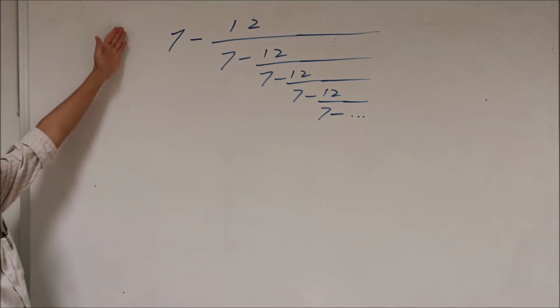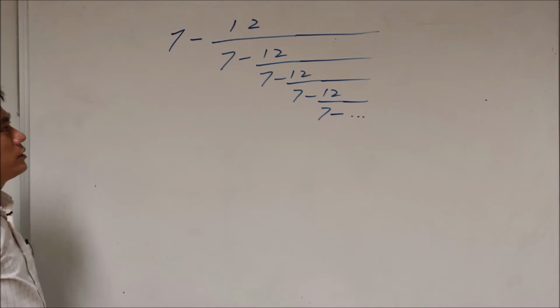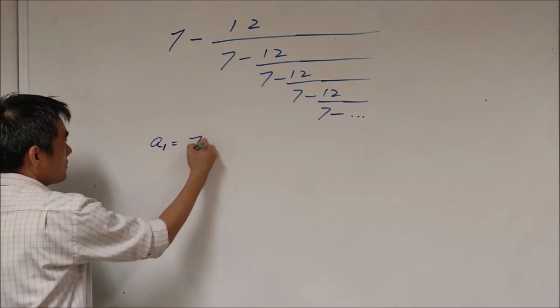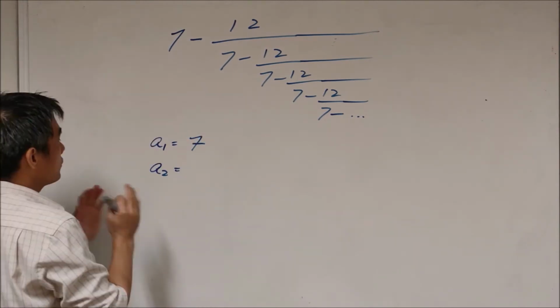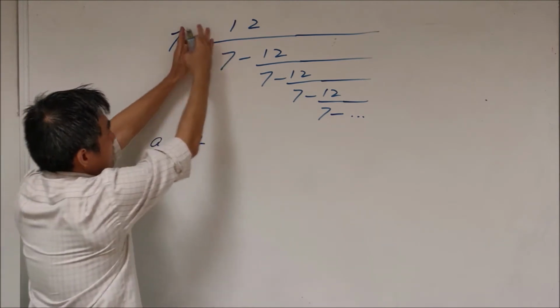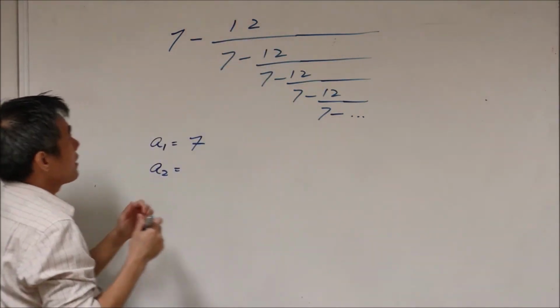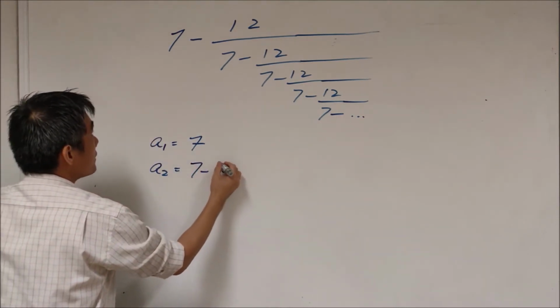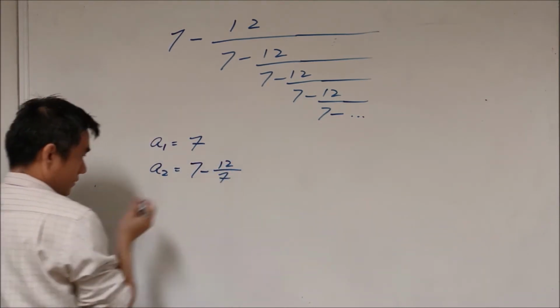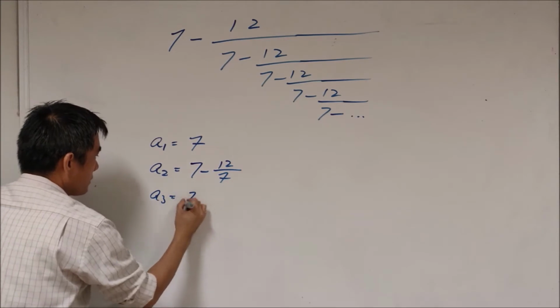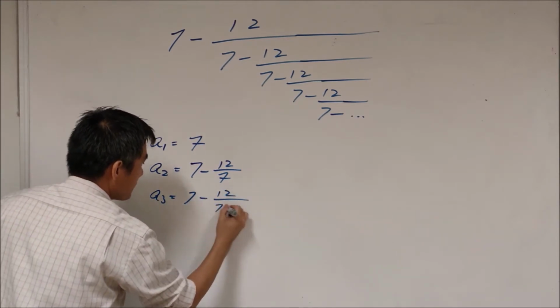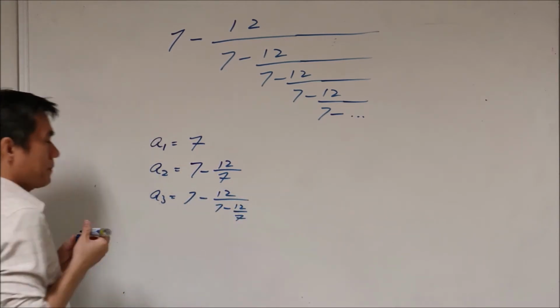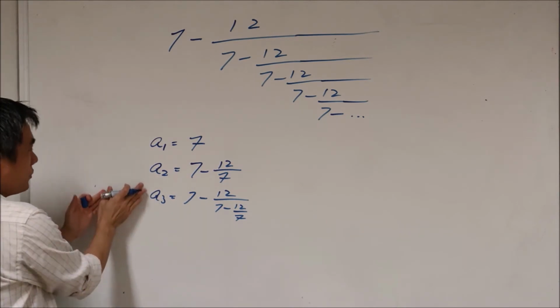In order to get the answer for this expression, we will define a sequence. A1 is equal to 7, so the first term will be just 7. After that, we will cover everything here, and you have 7 minus 12 over 7. And A3 will be 7 minus 12 over 7 minus 12 over 7. So A1, A2, A3, and so on.